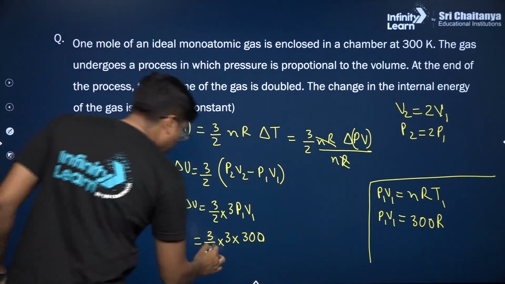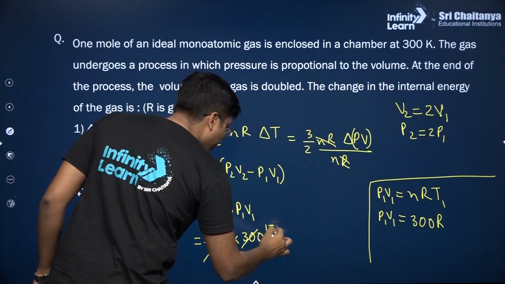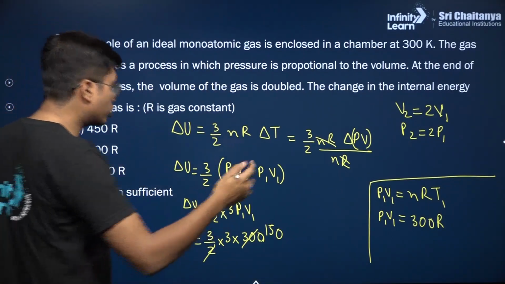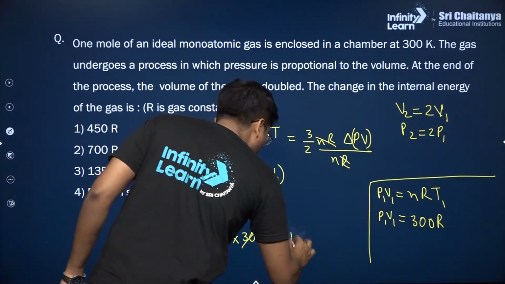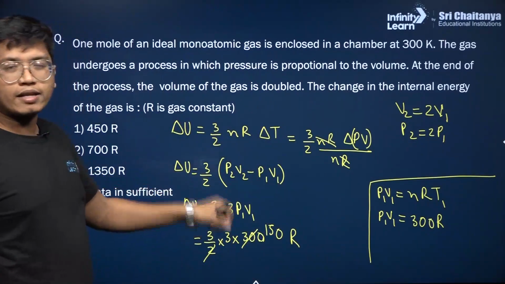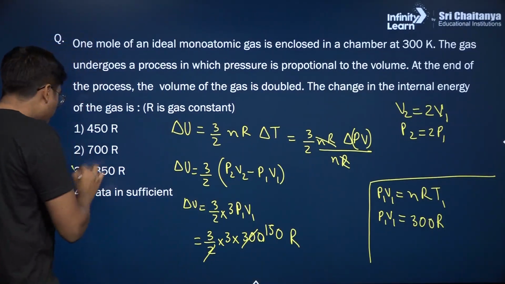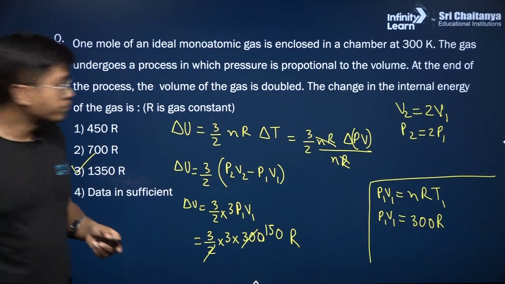So we can cancel out, 2 goes with 150, 150 into 9 takes you to, okay, there's also an R here, I missed out this R, let's keep this here. So 150 into 9 gives you 1500 minus 150, that's 1350 R. So we have our option here, 1350 R.